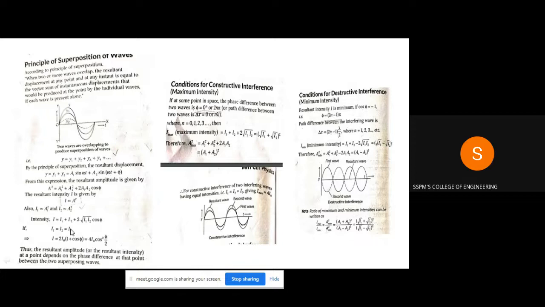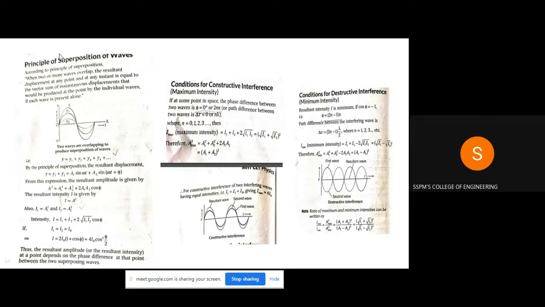You have to remember this equation, as an example based on it was asked in the CET examination. I equals 2 I0 (1 plus cos phi) equals 4 I0 cos square of phi by 2. Thus, the resultant intensity at a point depends on the phase difference between the two superimposing waves.